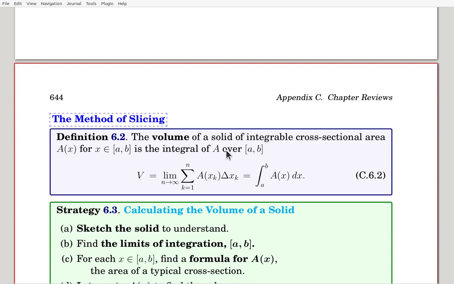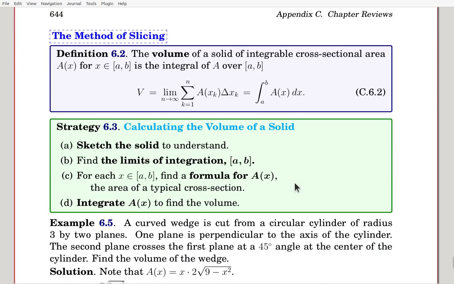The volume of a solid of integrable cross-sectional area A(x) is the integral of the area over the interval. So the limit of the Riemann sum can be written in this way: integral from a to b of the area at each point x, dx.